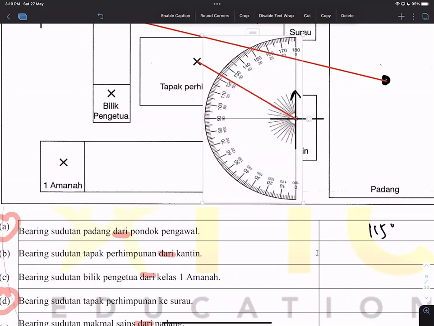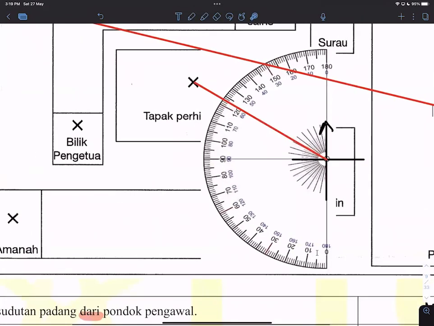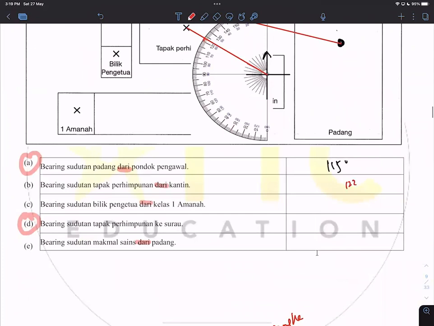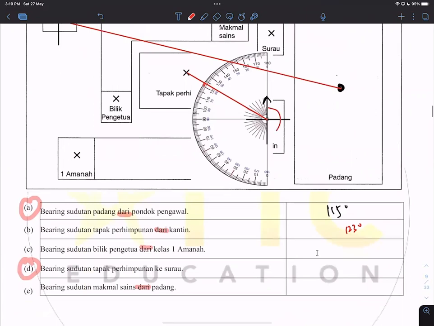Okay, so done. So what's the answer now? 120, 121, 122, 123. Okay, so you see the answer is 123 degree. Just now it's... is it 123 now? No. Why? Because we have another 180 on the right hand side, correct?